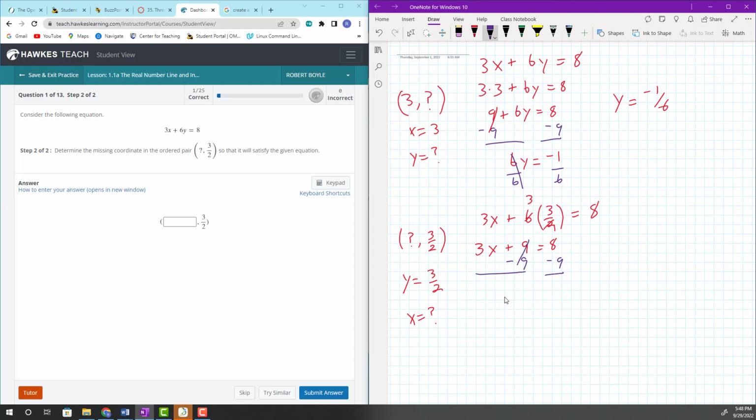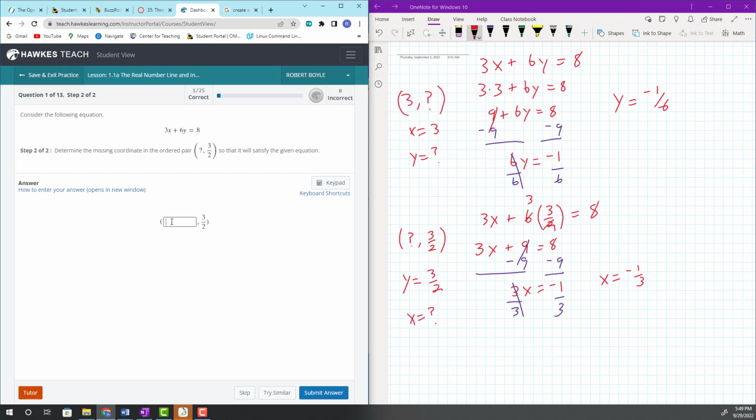These will cancel, and over here we have 3x. Over here we have negative 1. And then finally we can get rid of the coefficient by dividing both sides by 3. These will cancel, and we will have that x is equal to negative 1/3.